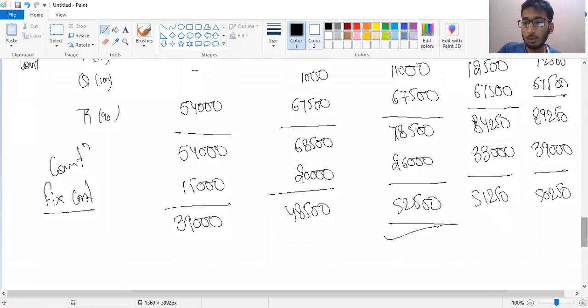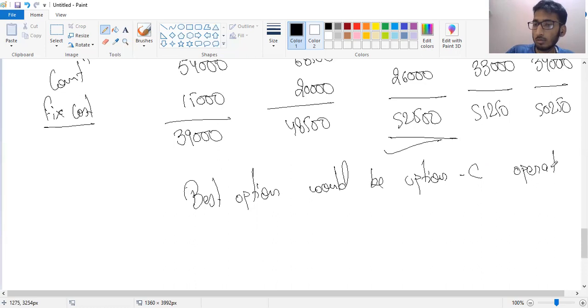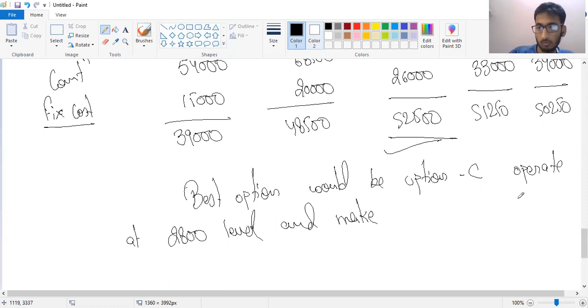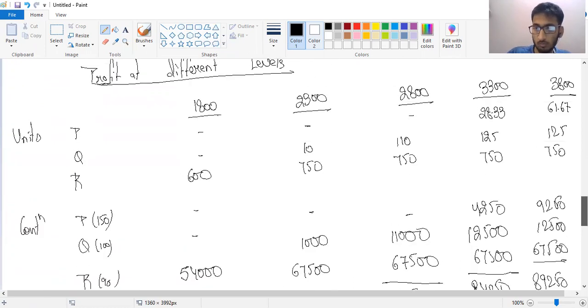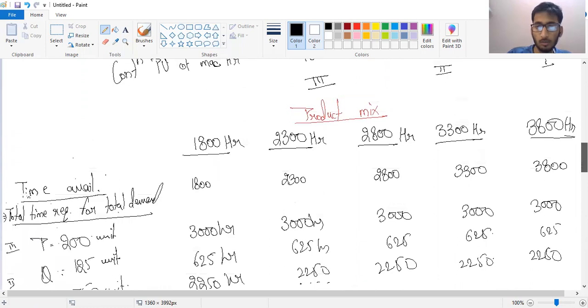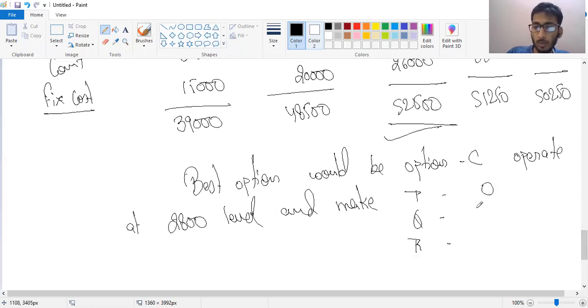So my best option would be option C, or I can say operate at the 2,800 level and make 0 of P, 110 units of Q, and 750 units of R. So this would be the best option available to me.